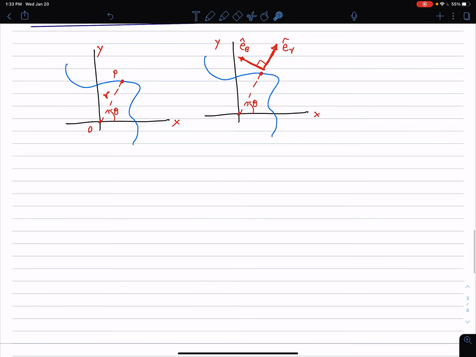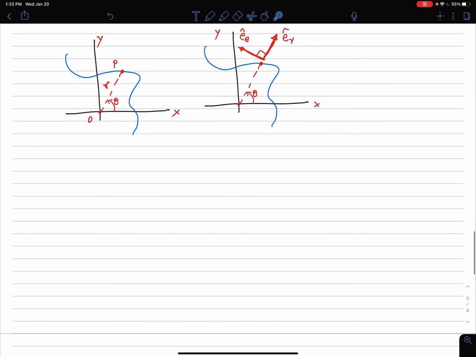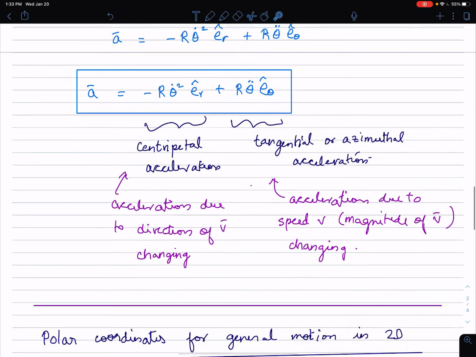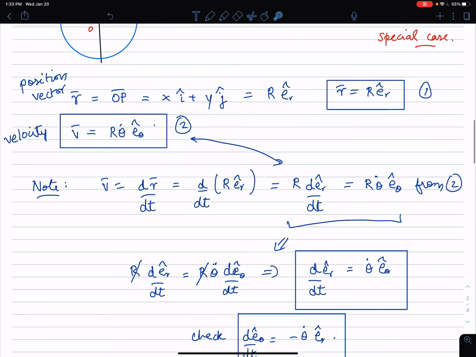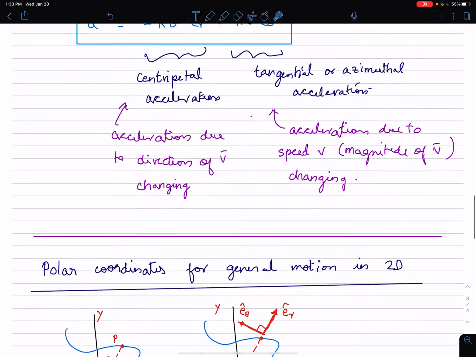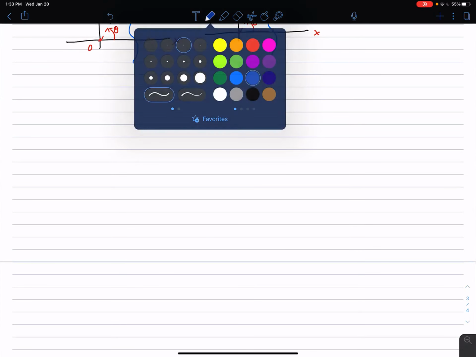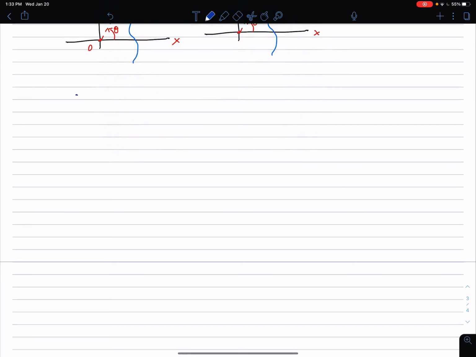Okay. That's polar coordinates. I'm not going to derive the formulas, but basically the formula is analogous to this acceleration and this velocity. I'm just going to write down what those things are, and then we will briefly look at what the meaning of each term is.